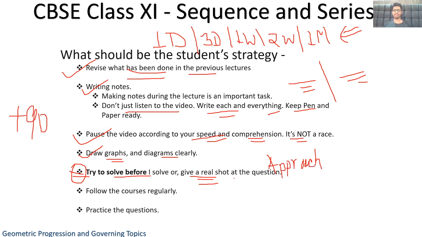So I cannot emphasize it enough that you need to give a real shot at the question. If you do so, it will give you an unparalleled advantage over other students and your competitors, such that you'll have an idea how to venture into uncharted territories which you have never faced before, and how to command questions which you haven't ever seen.